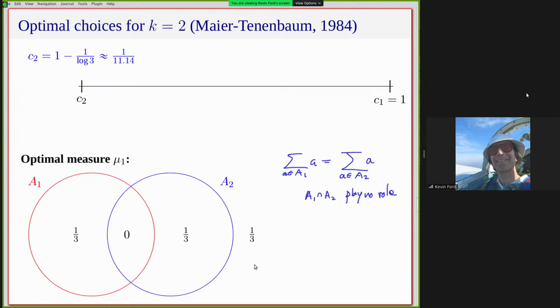You take a divisor, and then you take another divisor at random, and you look at the Venn diagram. With high probability, you will have a third of the elements in one, a third of the elements in the other, and a third of the elements either in the intersection or outside. Let me see if I'm saying that right.